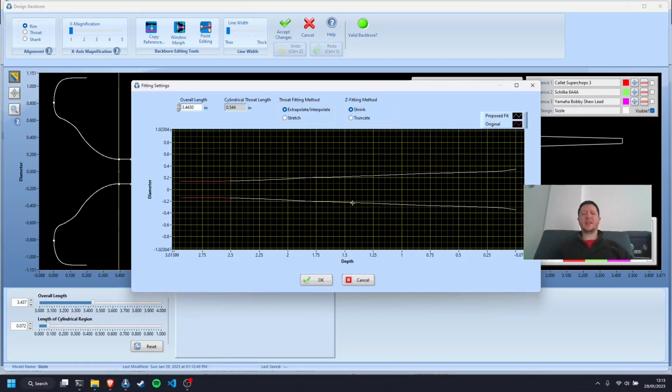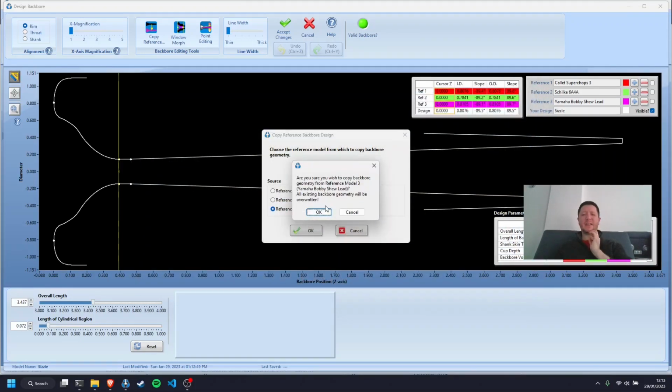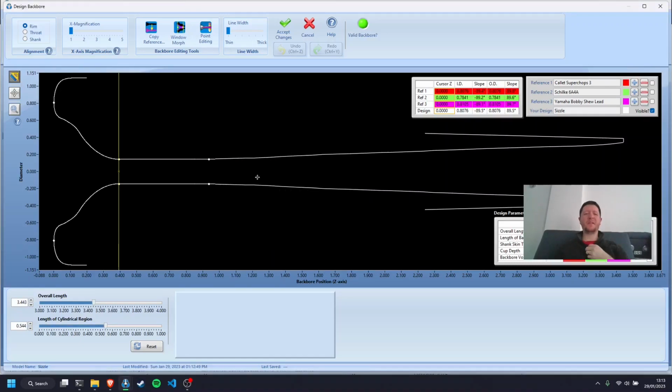Something really clever that VennCAD does is it will suggest whether your backbore is valid, and that means that it has to balance the cup and throat in terms of practical dimensions.